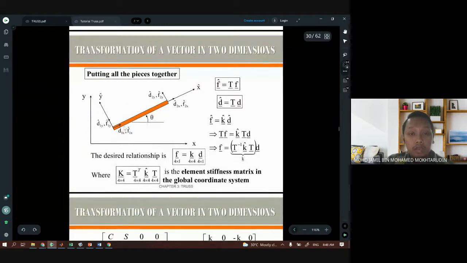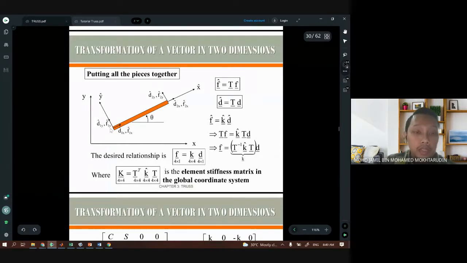Assume that one element of the truss has this kind of arrangement, with an angle theta from the x-axis. For the first node here, you always assume that this node is smaller than the other node.